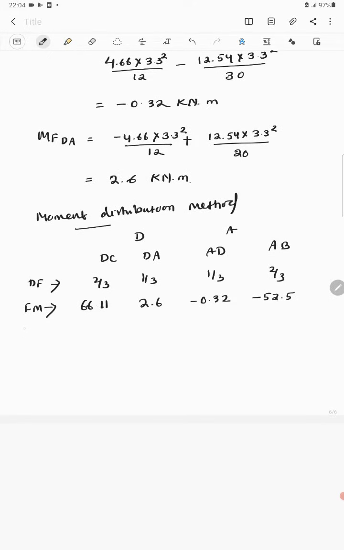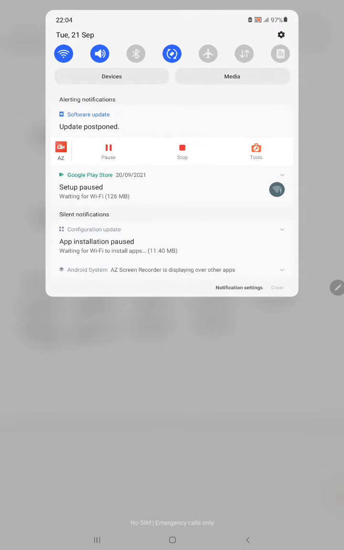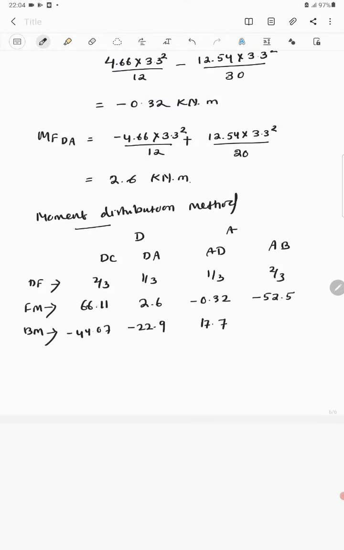Next, what is the balance moment? So this will be 66.11 plus 2.6 into 2 by 3, negative, minus 44.07. This is minus 22.9. This is 17.7, 17.7 and this is 35.21.